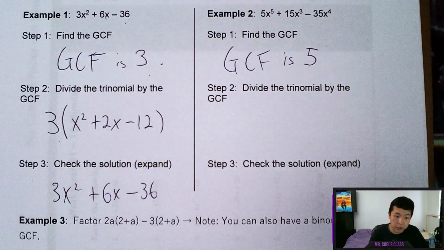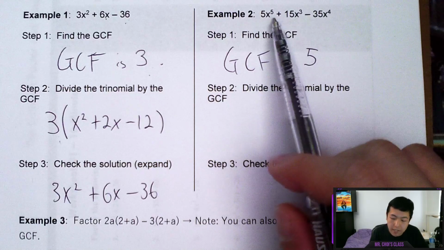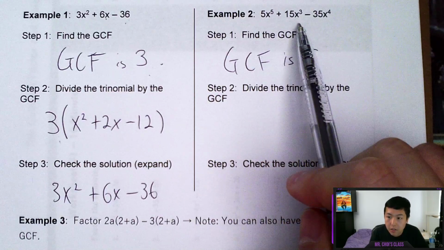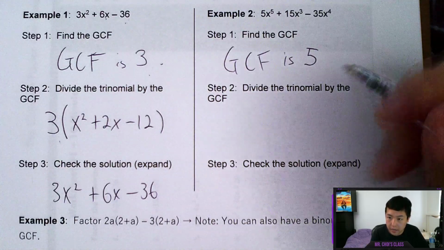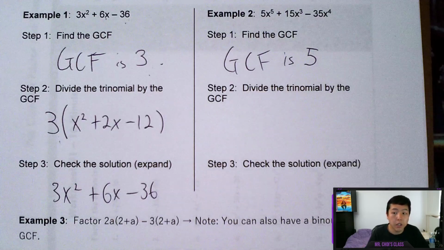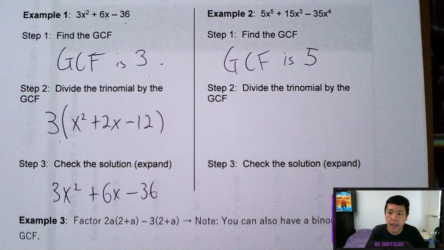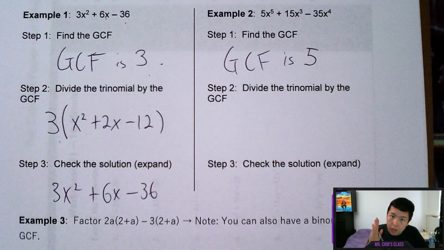But we're not done just yet. Does every term have an x? That has an x. That has an x. That has an x. So we know that now we can say x is a greatest common factor. And to take out the greatest common factor for variables, look at the x with the lowest exponent. The smallest exponent is what you're going to take out.